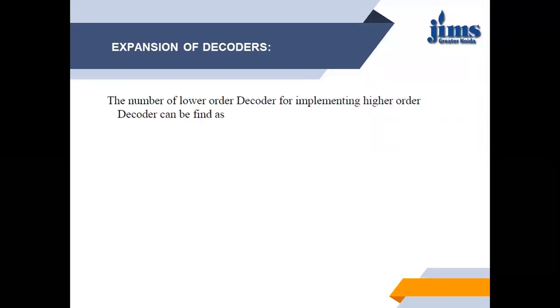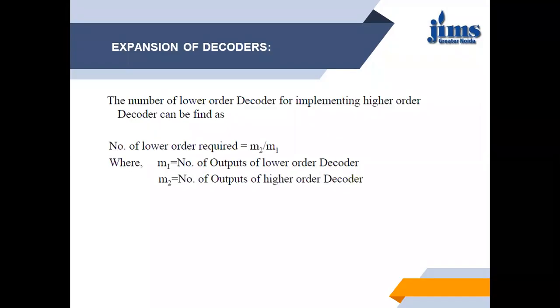The number of lower order decoders needed for implementing a higher order decoder is found as follows. The number of lower order decoders required is equal to M2 upon M1, where M1 is the number of outputs of the lower order decoder and M2 is the number of outputs of the higher order decoder.